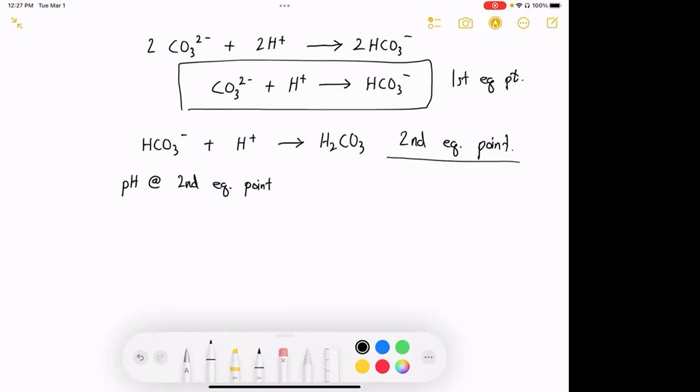So say that pH is, I don't know, maybe 5.5. Let's say it's 5.5, right?